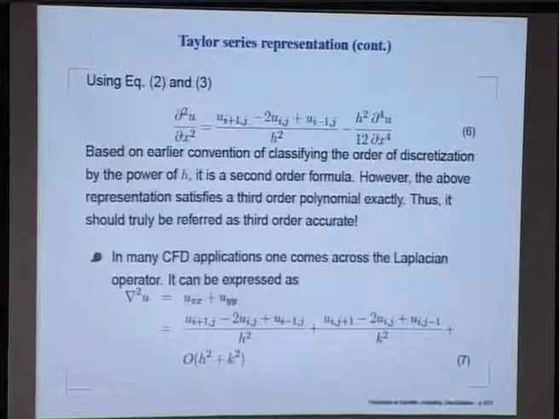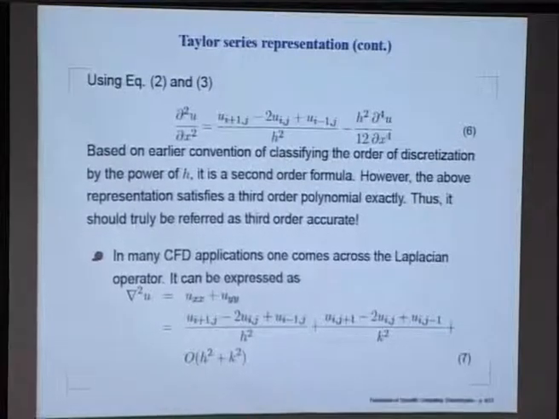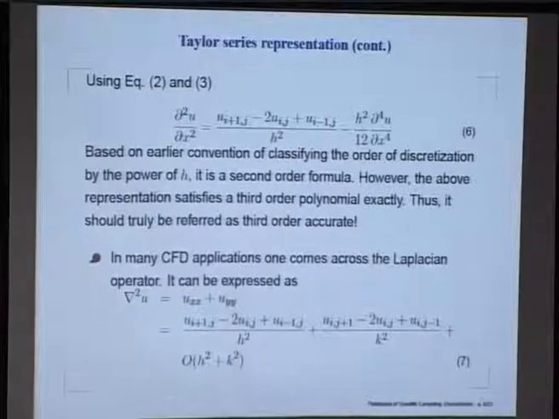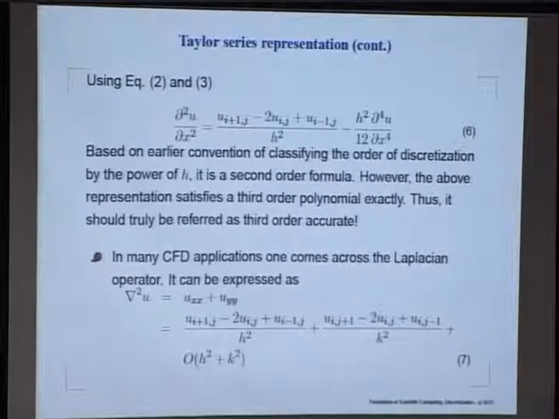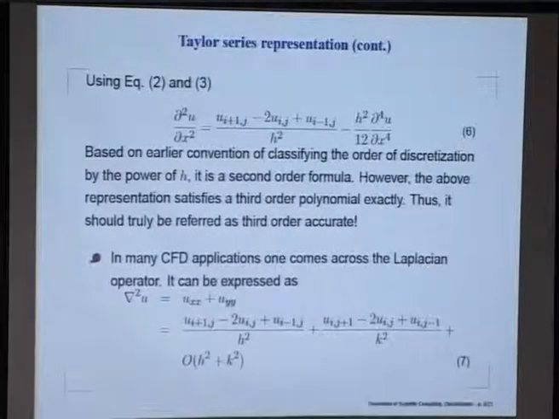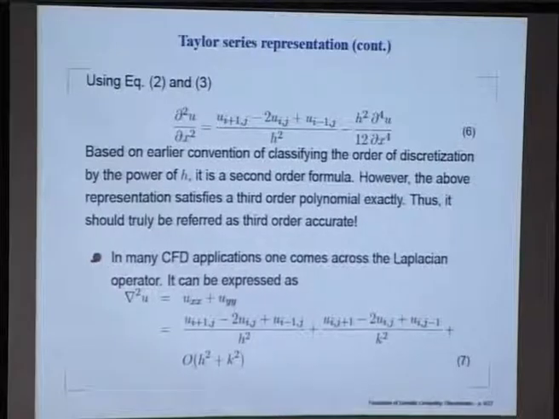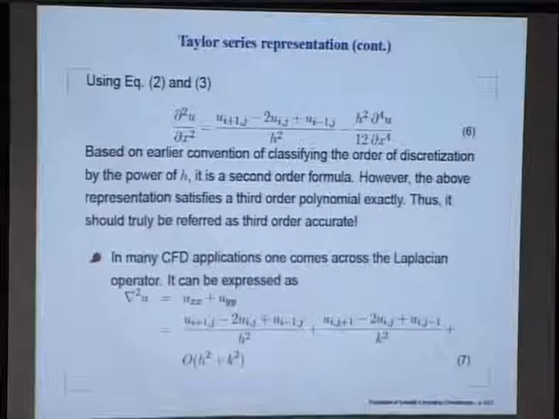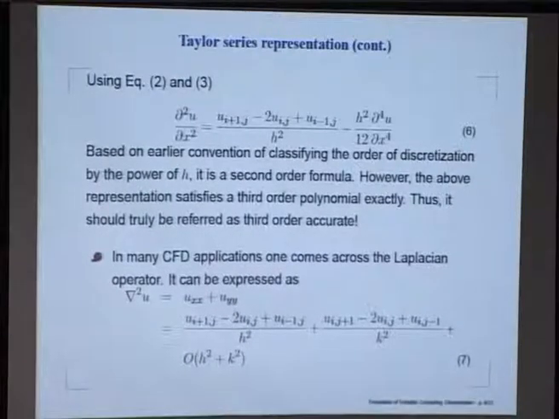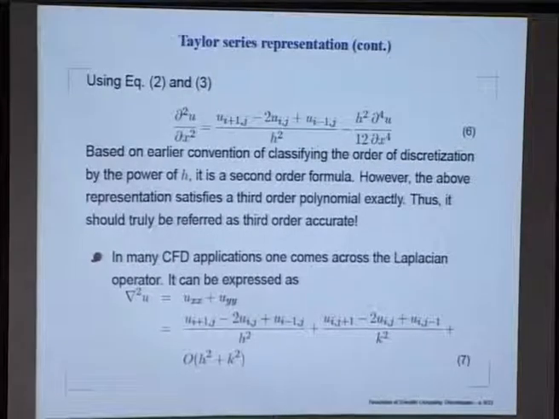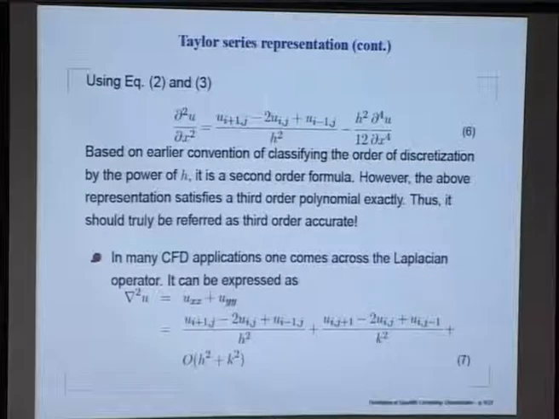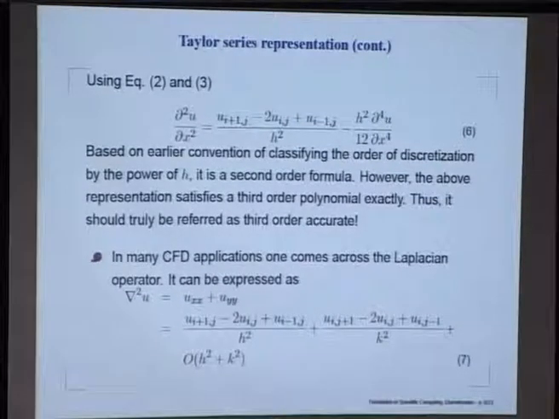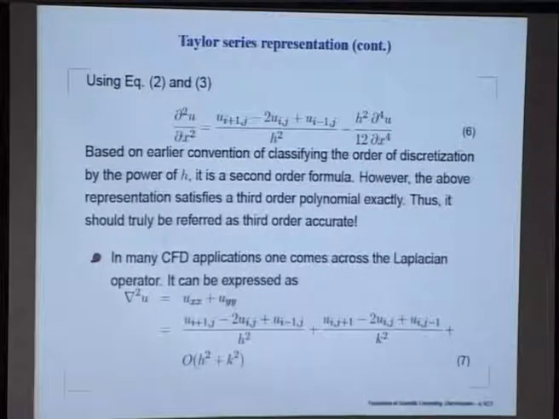Now, this is where you notice that the lead term that has been dropped out is proportional to h square, whereas the derivative term is related to a fourth derivative. So, if I want to call it in a classical way, this is a second order accurate formula, but if I want to refer it to in terms of polynomial, it is basically a third order accurate formula, right.